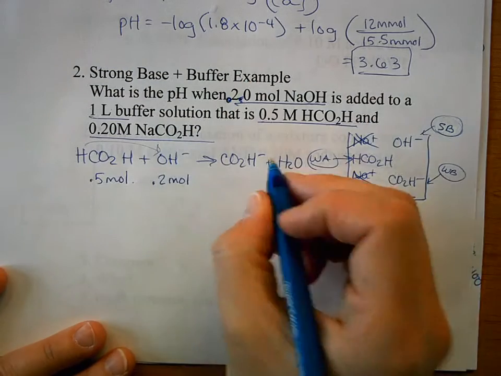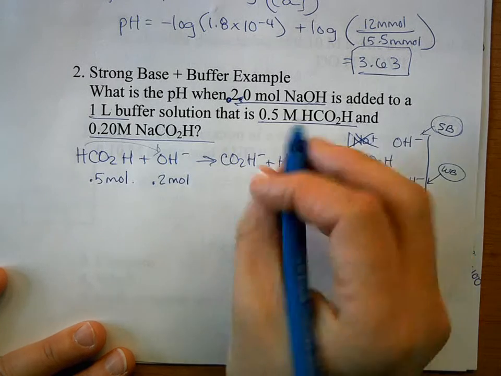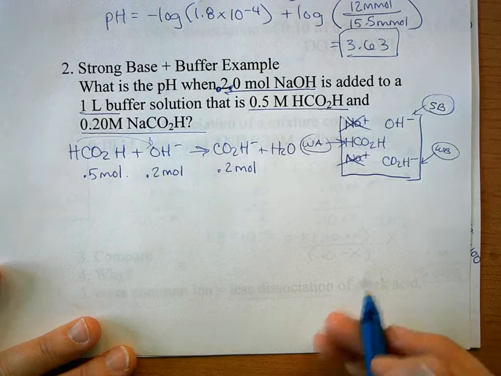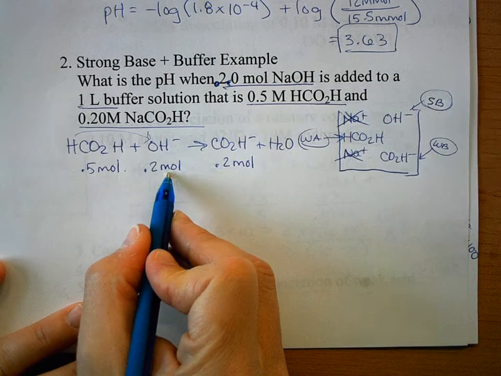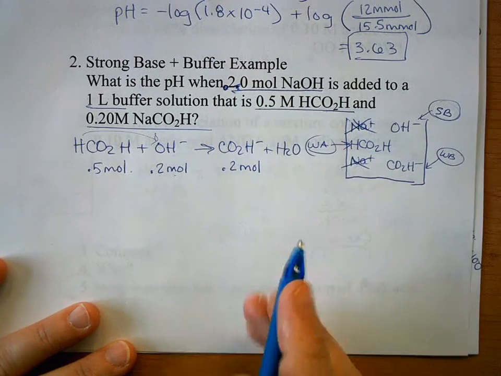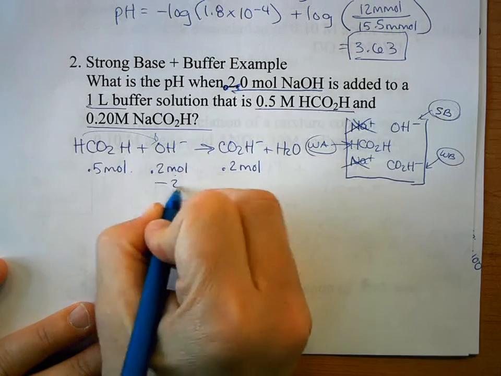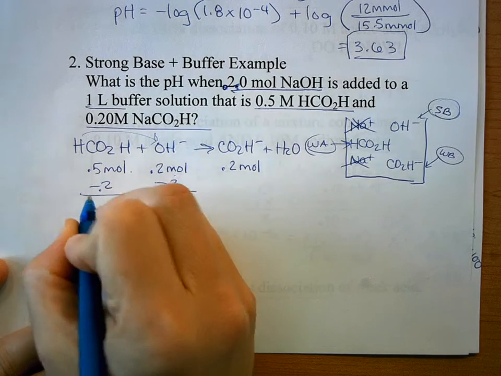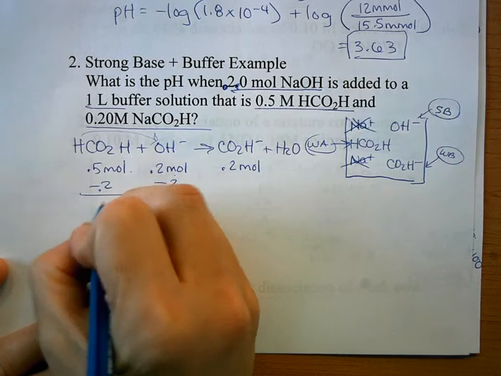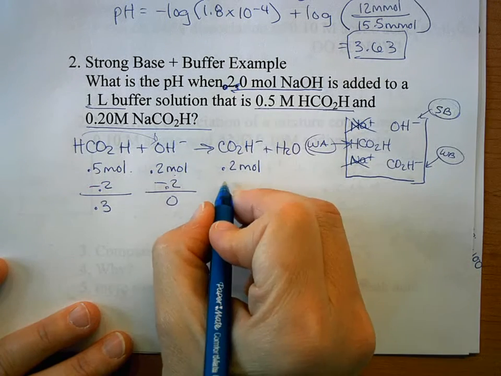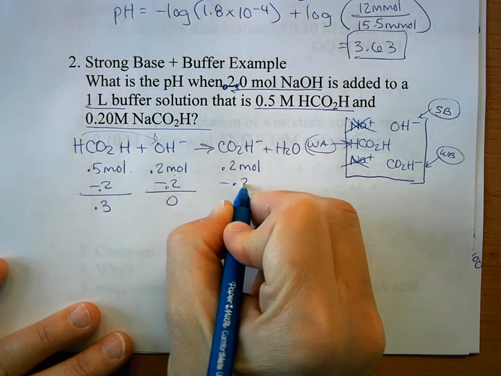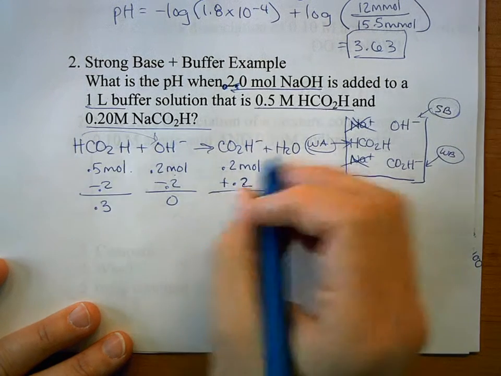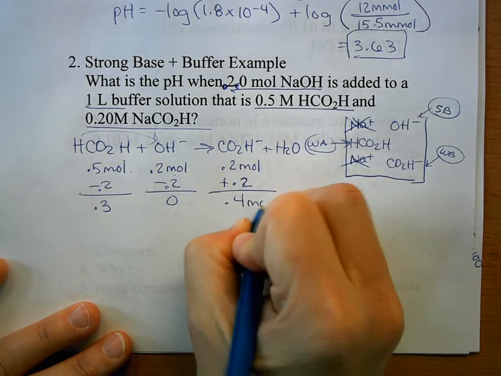And then I have 0.2 moles of this. Okay, the water doesn't matter. I can tell hydroxide ions are going to be used up first. So I can do minus 2, that gives me 0, minus 0.2 gives me 0.3, plus 0.2 over here, right? Because I'm making more of this product. So that gives me 0.4. These are all moles.